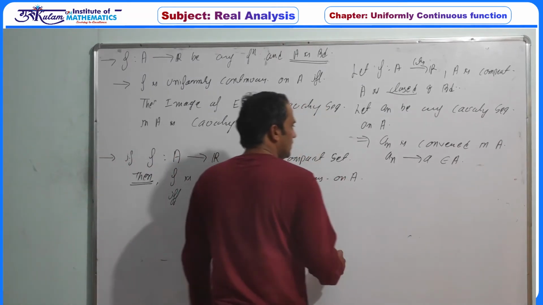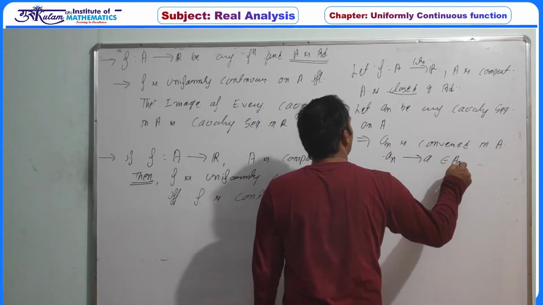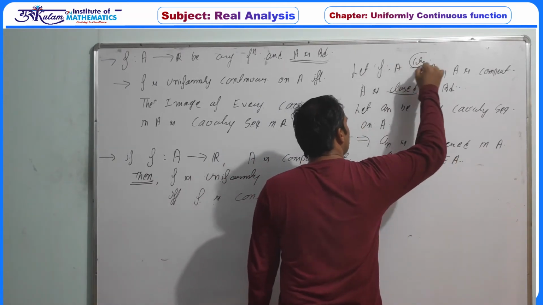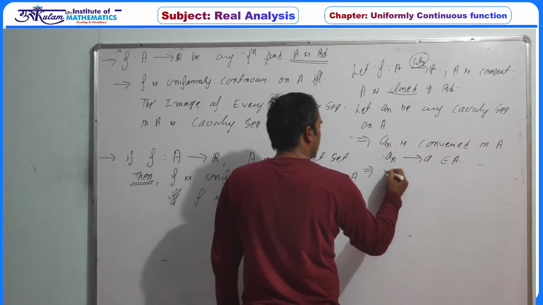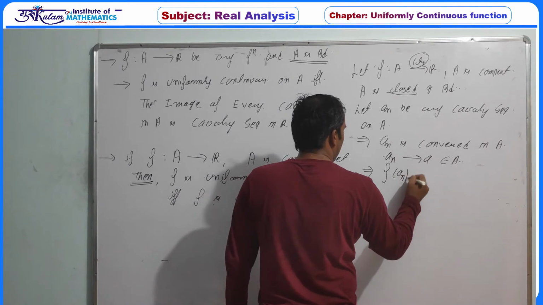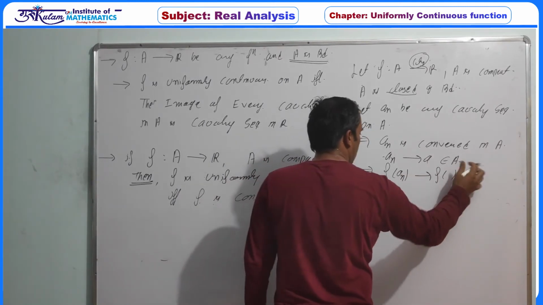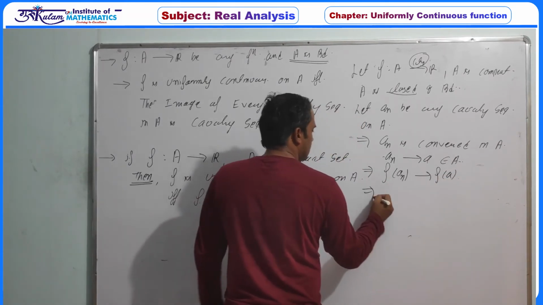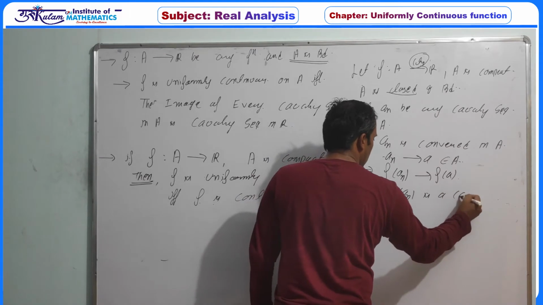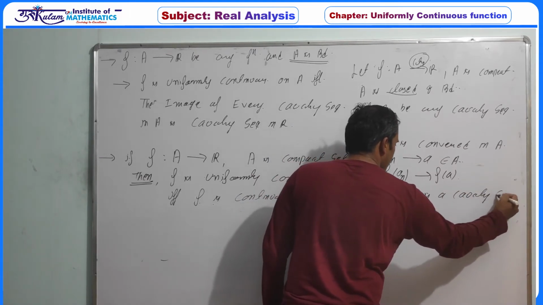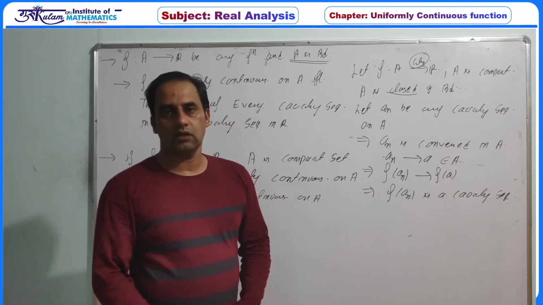Next, since a_n converges to a and a is a member of A and f is a continuous function on A, by the sequential definition of continuity, f(a_n) must converge to f(a), which implies f(a_n) is a Cauchy sequence, since every convergent sequence is a Cauchy sequence.